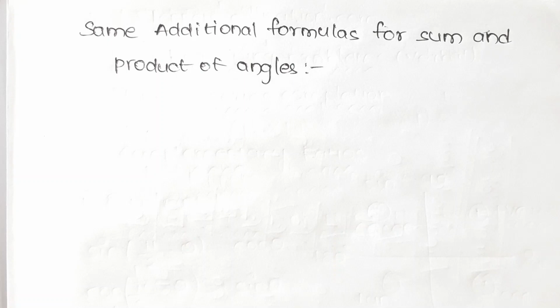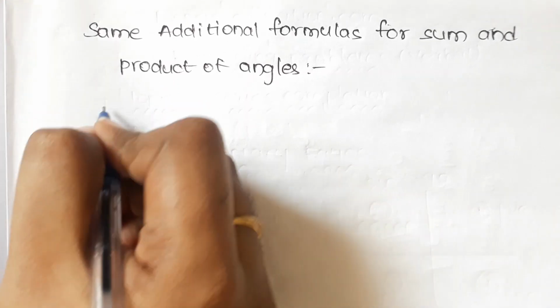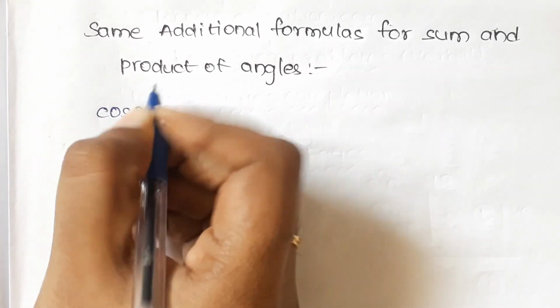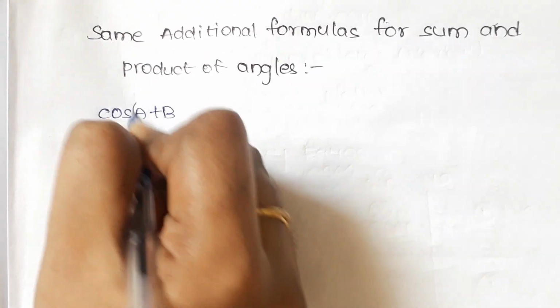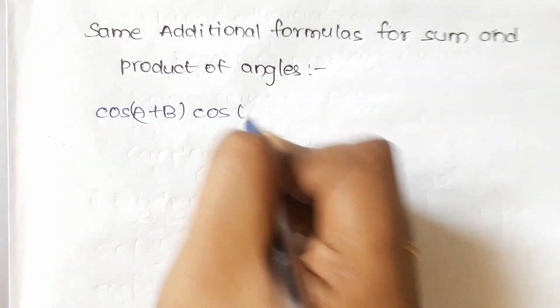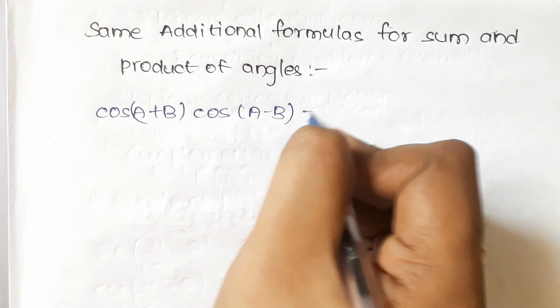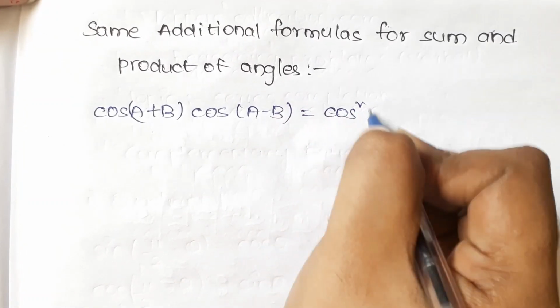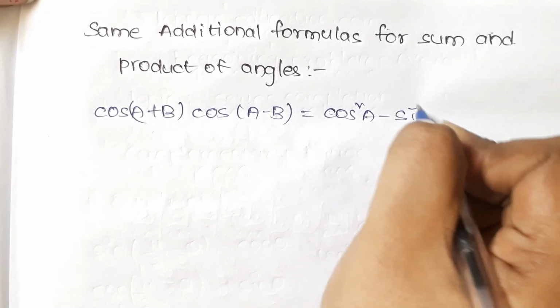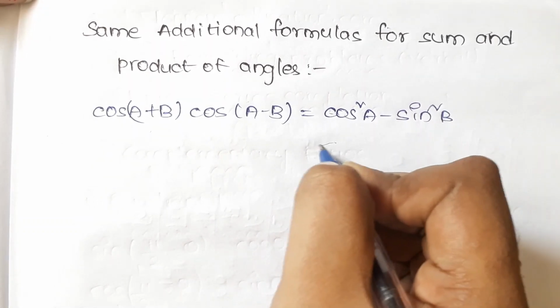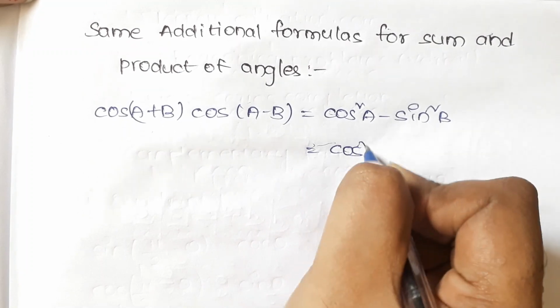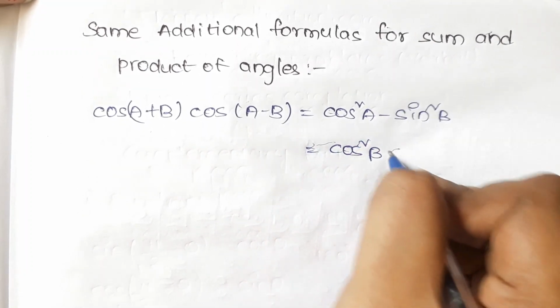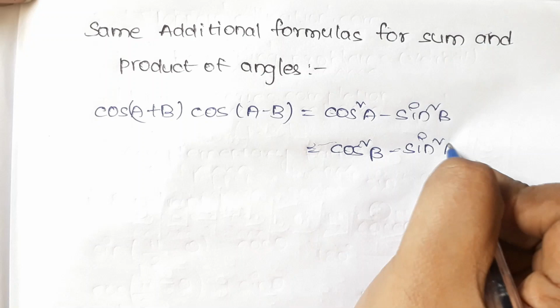And now let us see some additional formulas for sum and product of angles, that is, cos(a plus b) into cos(a minus b) equals cos square a minus sin square b, or cos square b minus sin square a.